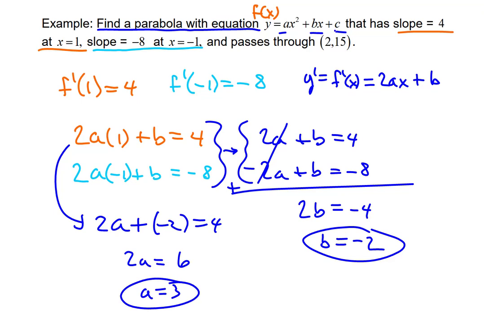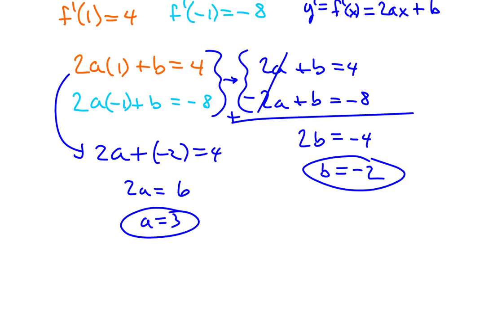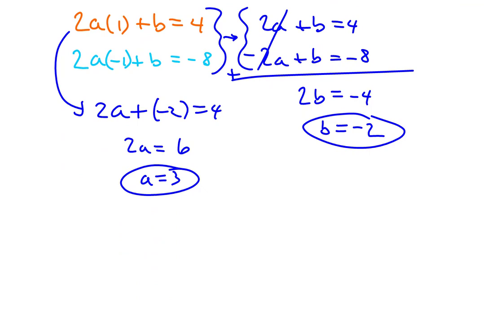So now we had found b, and we just found a. Next, and lastly, to find c, we're going to have to go back and use the piece of information we haven't touched yet. Remember we said that this passes through the point (2, 15)? So what we can say is that f of 2 equals 15. Well, f of 2 would be like saying, okay, it was ax squared, which is 3x squared since a was 3, plus bx.